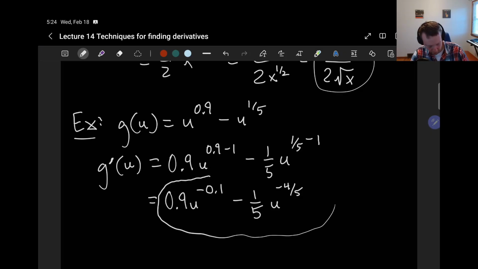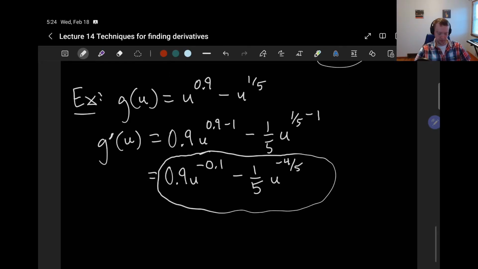We could change the form of that if we want to, but it doesn't seem necessary to me because it's a similar form to how we started the problem. And so even though these things look nasty, power rule just applies, and it's not too bad to perform.